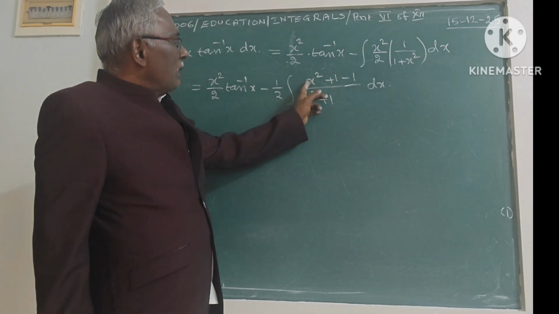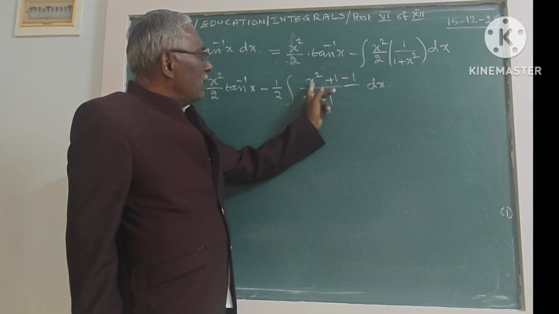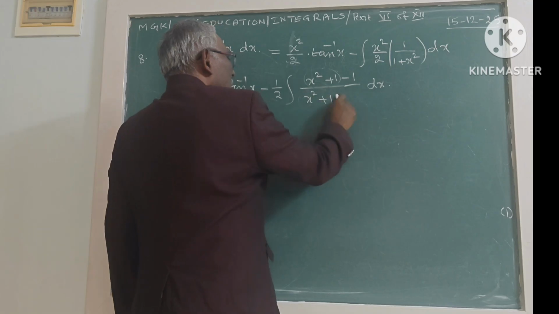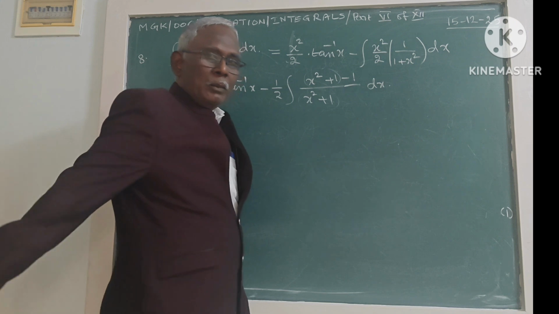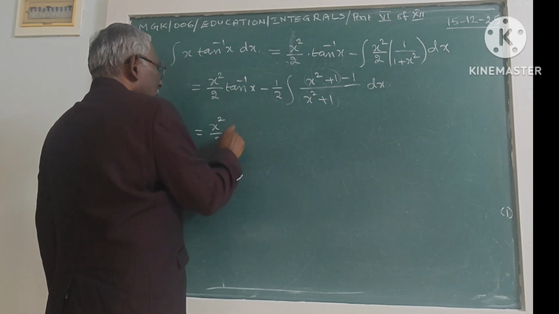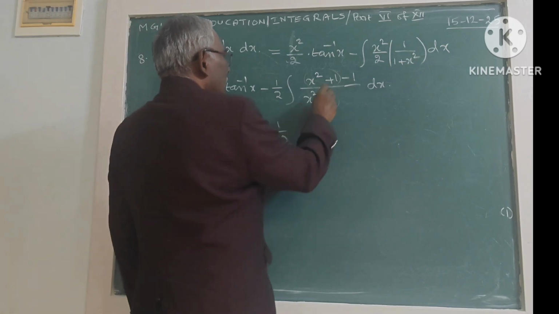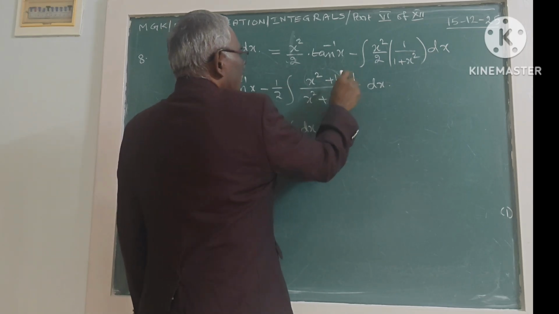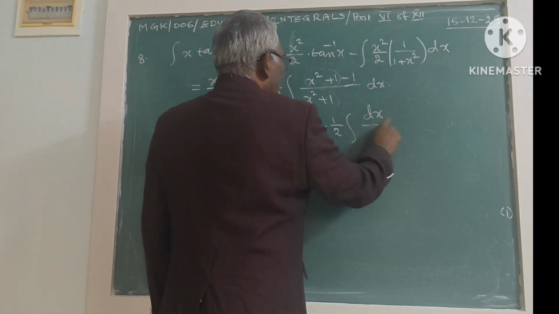Now when we divide x square plus 1 by x square plus 1, that will become 1. And we know how to get the value of integral dx by x square plus 1. So this is equal to x square by 2 tan inverse x minus 1 by 2 times integral dx, minus into minus plus 1 by 2 times integral dx by x square plus 1.